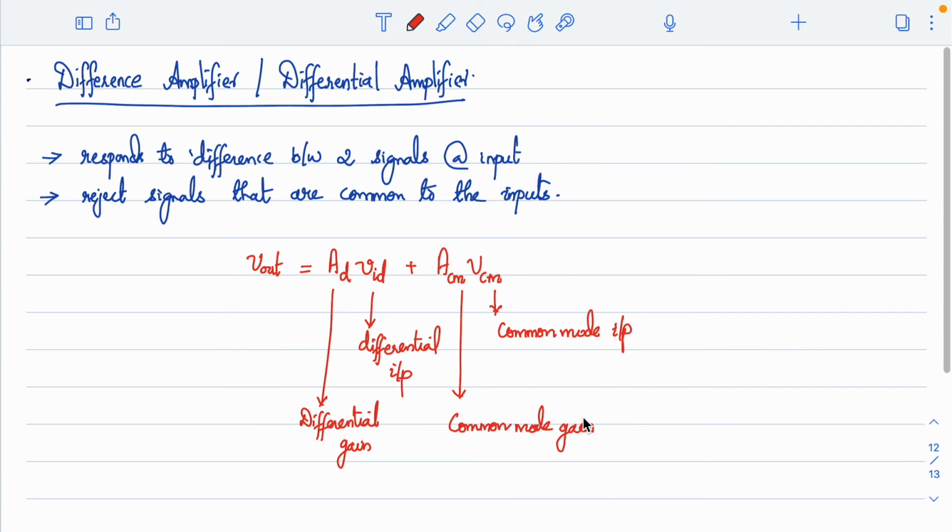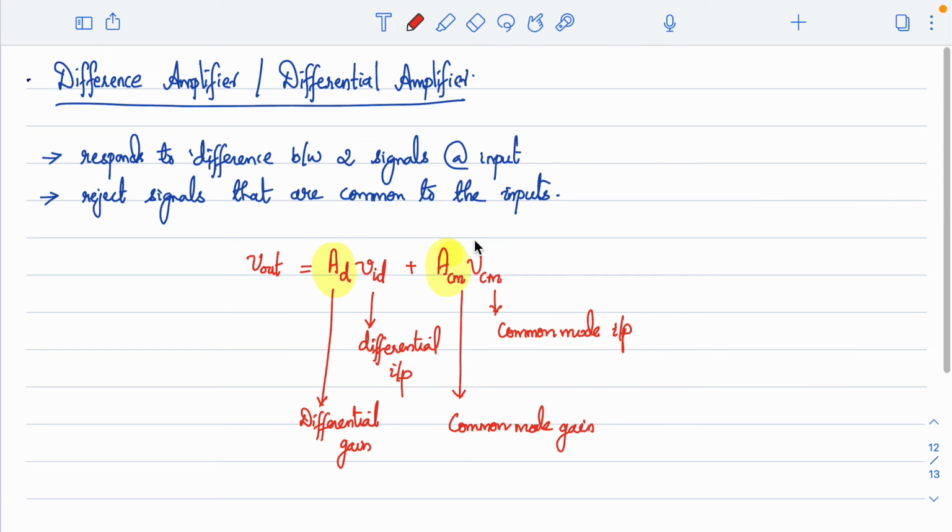Maybe now you can tell, what is the requirement? What should be the value of ACM and what should be the value of AD ideally? The expected value of AD should be very high, and the value of ACM should be very low, or practically in the ideal case ACM should be equal to 0.